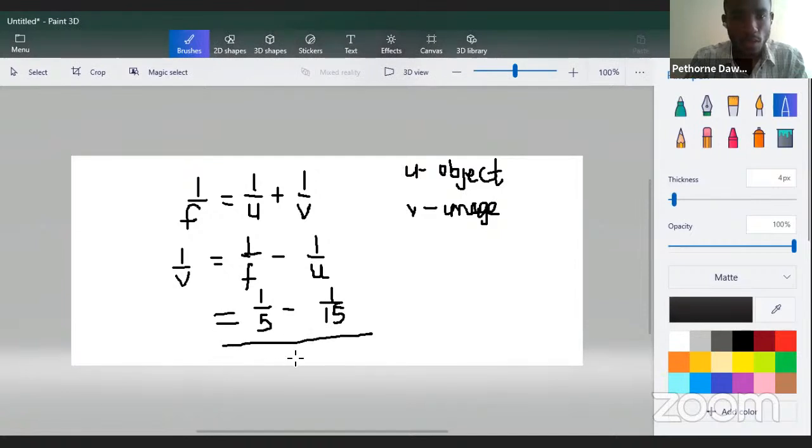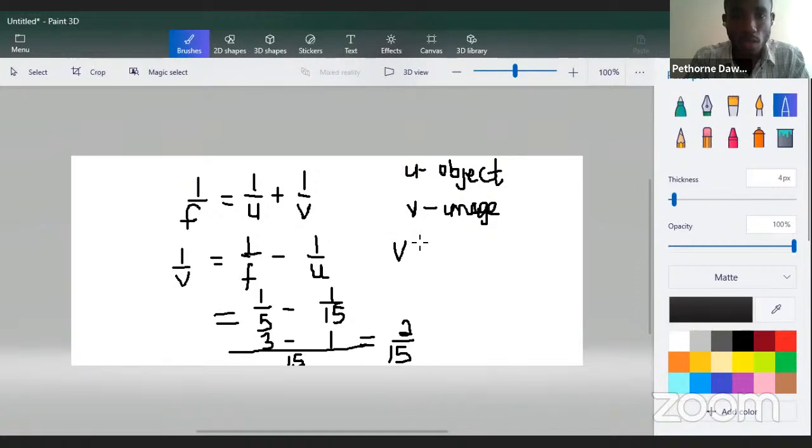Now, when we find the LCM of this, that would be 15. And that would give us 3 minus 1, and that gives us 2 over 15 as the 1 over V. But to find V, we need to invert.